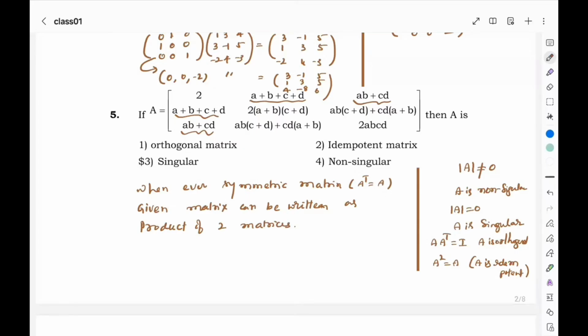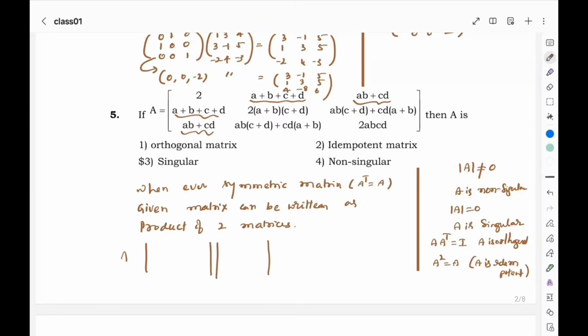Now I am trying to see how to split it into two matrices. After that, you can find the determinant, which you can easily get.